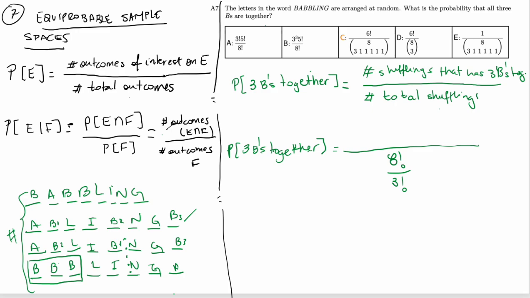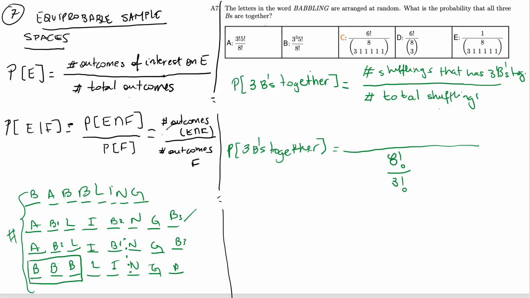How many ways, in total, can I have these 3 B's together? What should I do with the boxes to calculate this? I should permute them, right?